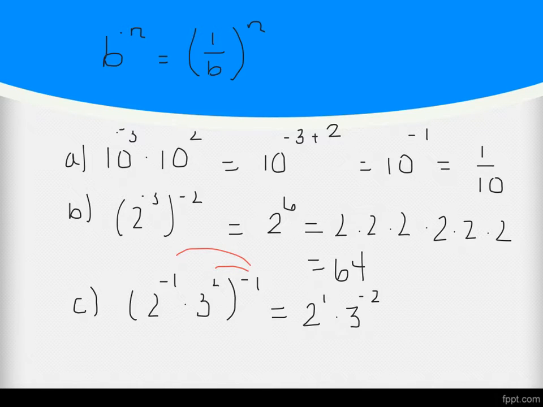But this 3 to the negative 2 will become 3 to the positive 2 when you move it to the bottom, which is like writing it in its reciprocal form. That's like 1/3 to the positive 2 power. So now you've eliminated the negative exponent. You have 2 to the 1 on top, which is 2, over 3 to the 2 on bottom, which is 9. So it simplifies to 2/9.